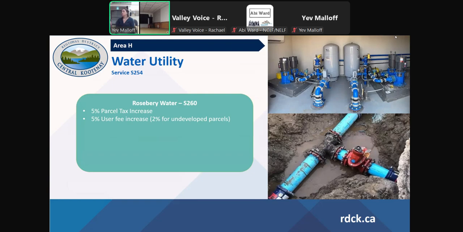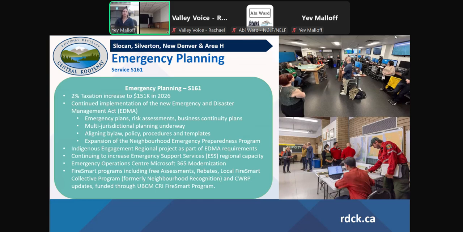Lawn water utility area H North, Roseberry Water: 5% parcel tax increase and 5% user fee increase, 2% for undeveloped parcels. We'll jump into emergency planning for this area. S161, so this service is shared between Silverton and New Denver.